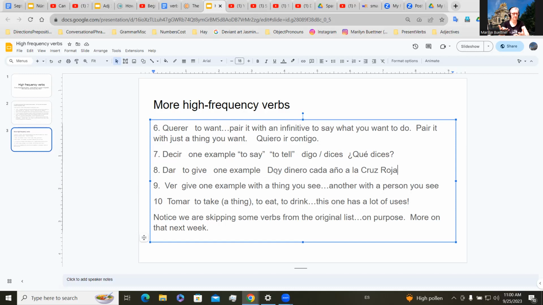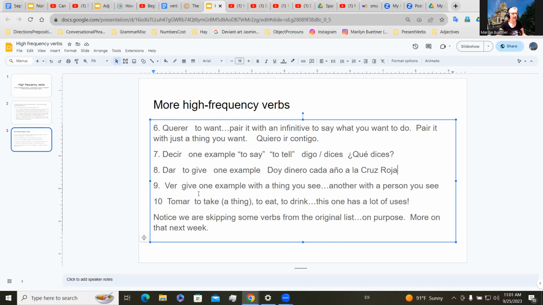I give money to the Cruz Roja. Es una organización para desastres. Es una organización que ayuda cuando hay huracanes. Red Cross. Eso sí. Sí, a la Cruz Roja. Cruz Roja es Red Cross, ¿sí?